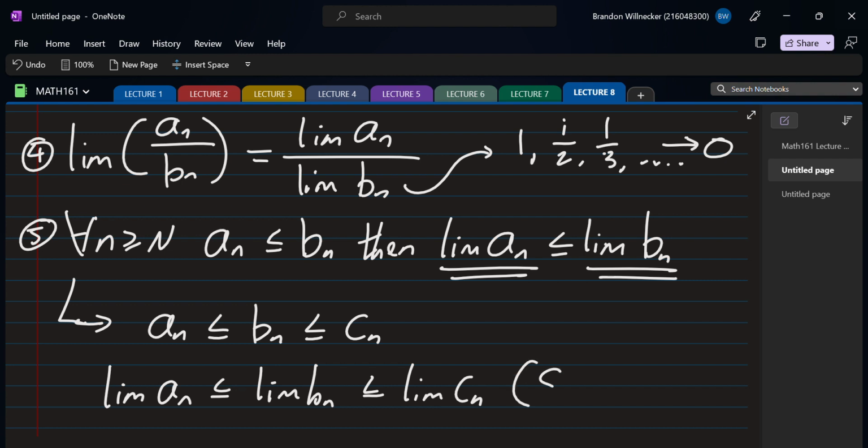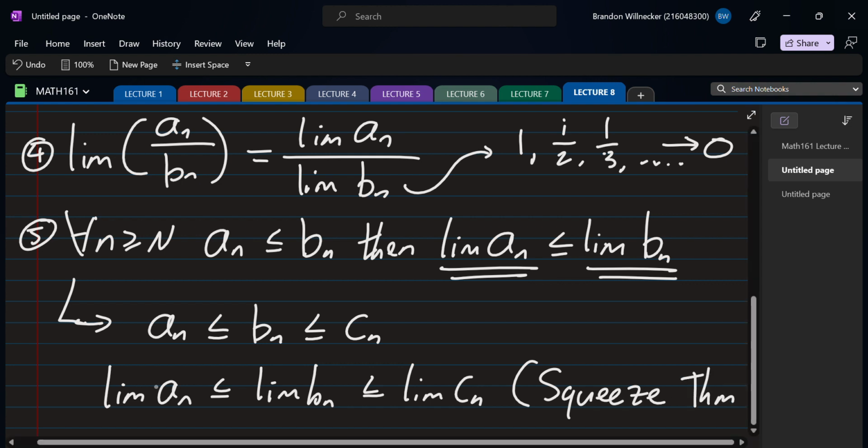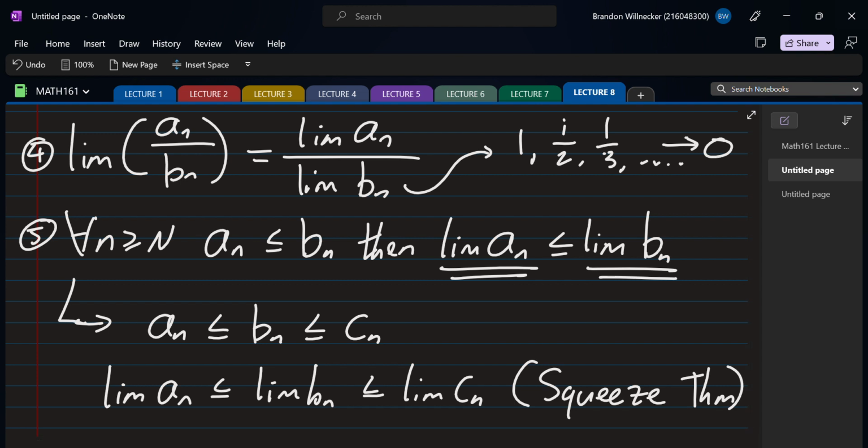Right, so this is just a recap of the squeeze theorem. Okay, but you've covered that previously, so I won't go into that with too much detail. Okay, but the squeeze theorem carries over from functions into sequences.